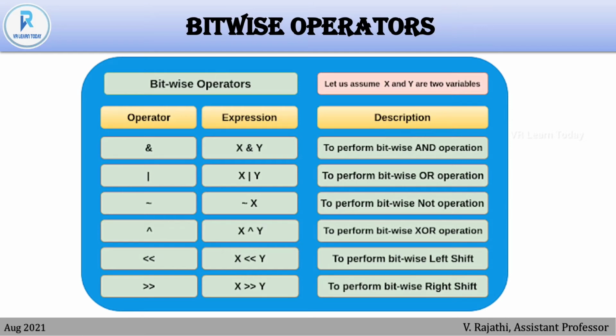Bitwise operators with expressions and corresponding descriptions. The AND operator is used in between two operands, so this is a binary operator and we have to use two operands. X and Y performs the bitwise AND operation, X or Y performs the bitwise OR operation, tilde X performs the bitwise NOT operation, and X cap Y performs the bitwise XOR operation.